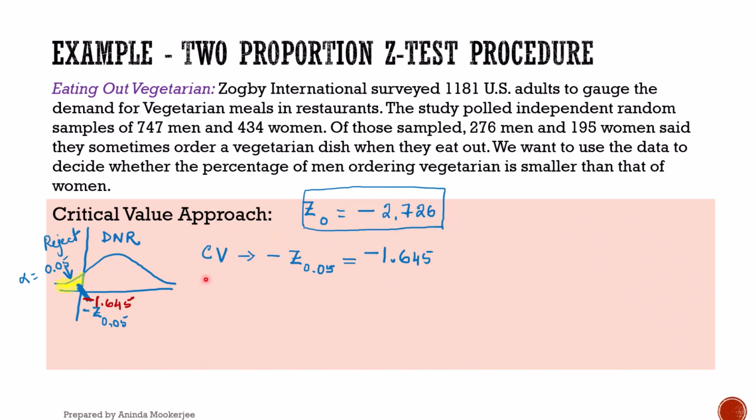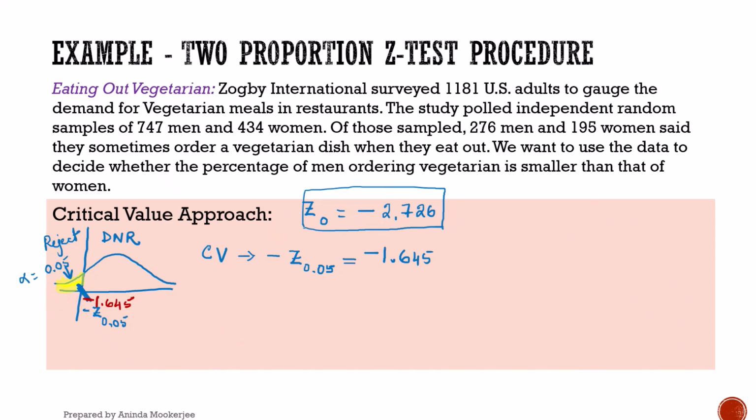Now we can bring our test statistic value of negative 2.726 and see where that falls in our diagram here. So negative 2.726 is a way smaller value than negative 1.645, so it's going to fall way to the left of the cutoff point.